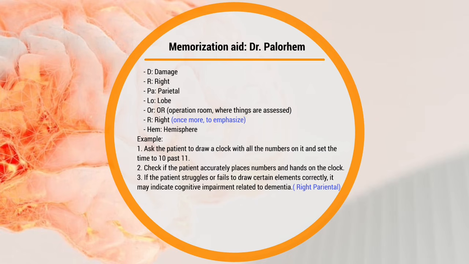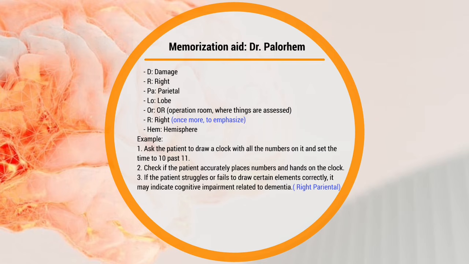So that's damage, right parietal lobe, or operations within that are assessed, right? The OR, assessed operation rooms. The R is for the right, okay? And hemisphere.